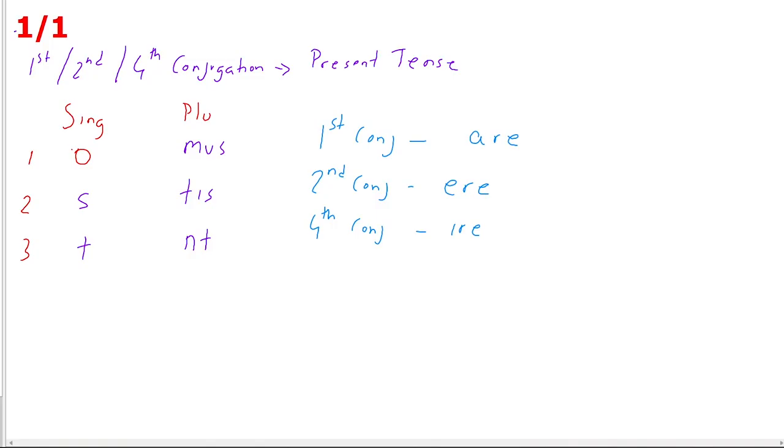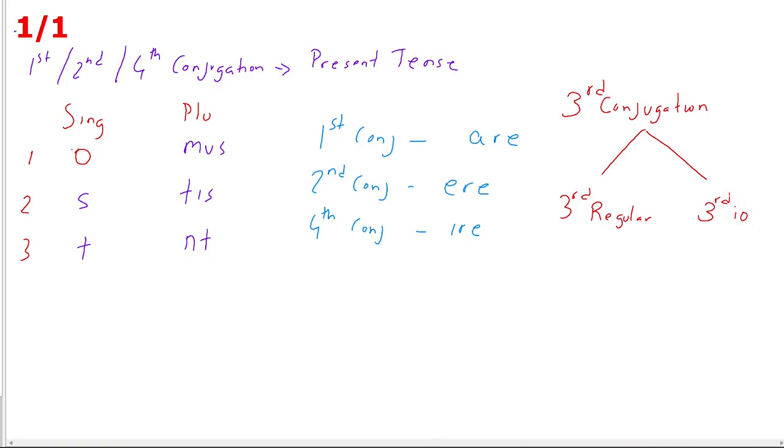Now we see that there is also the third conjugation, which is split up into third regular and third IO.